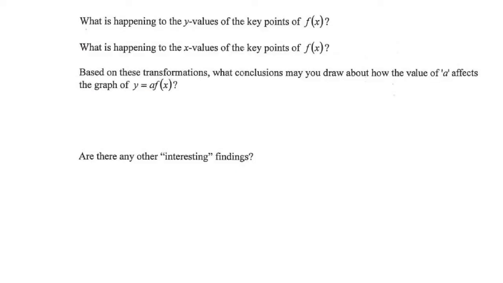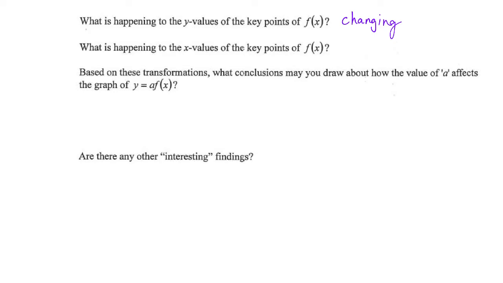So what we have at the top of that next page just asks a couple questions for you to think about. The first question to think about is, what is happening to the y values of the key points? I hope that we can notice that as we've been working our way through, the y values are changing. We had a maximum of 1 on our base graph.